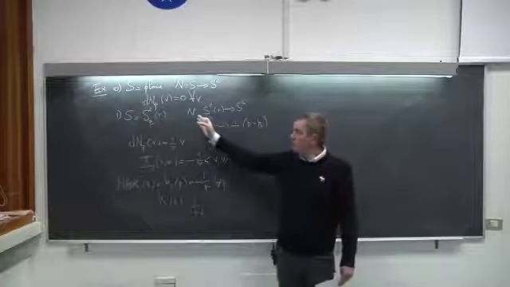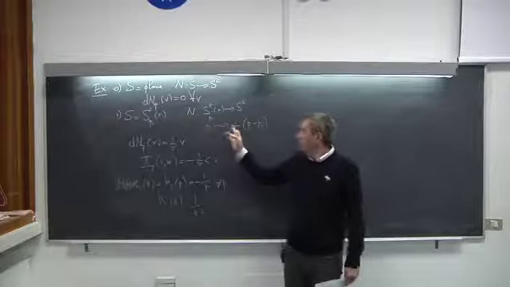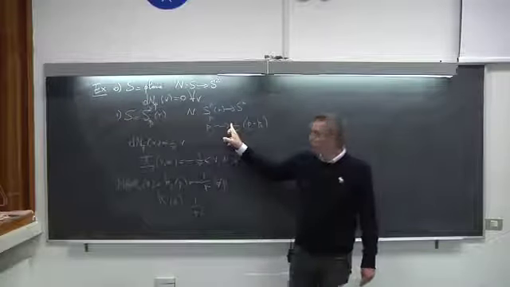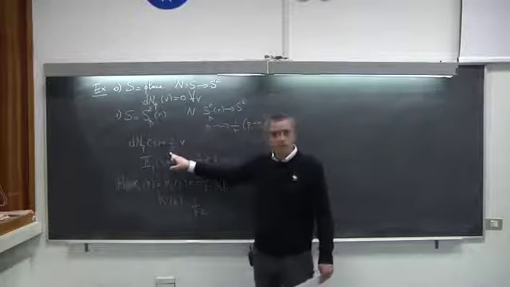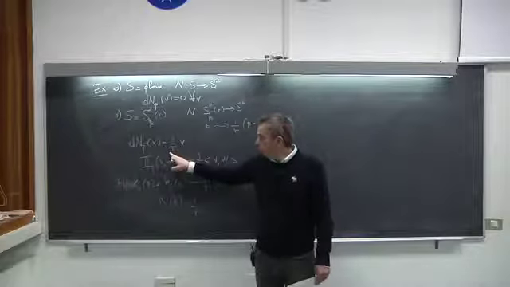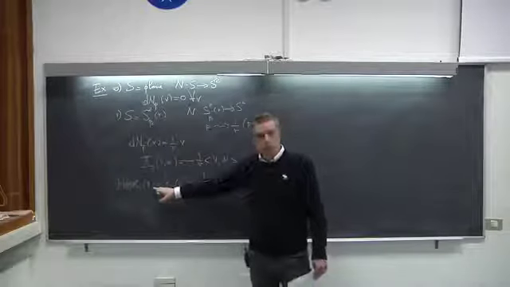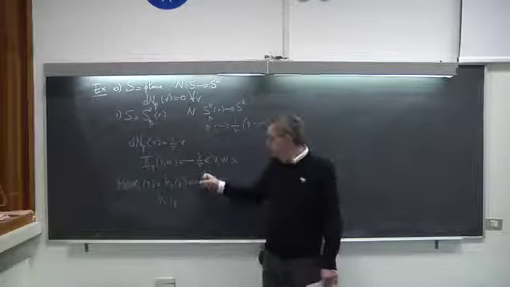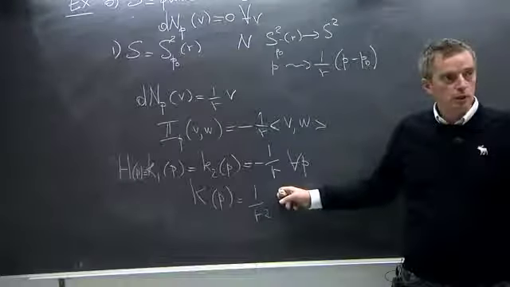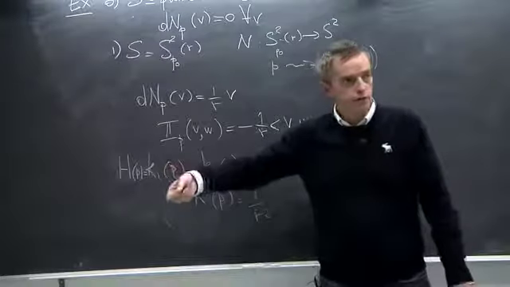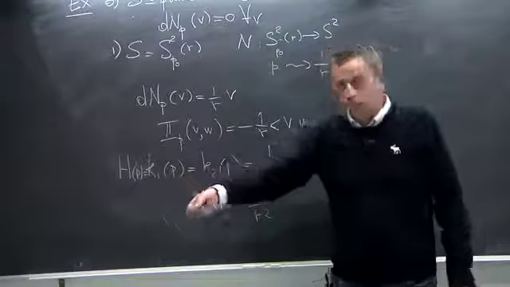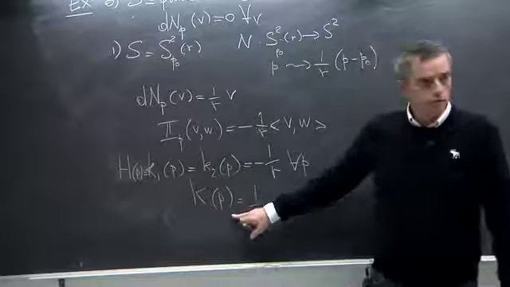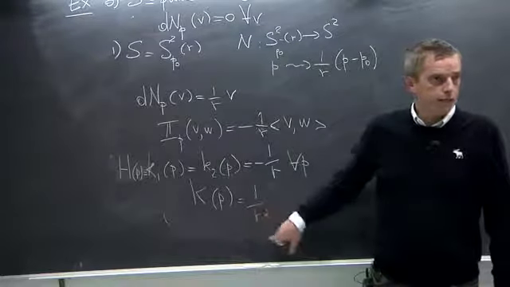If we take minus this, here I get a minus, so the differential becomes minus. So K1, K2 change sign. They become positive 1 over r. So the mean curvature changes sign. The Gauss curvature doesn't care.